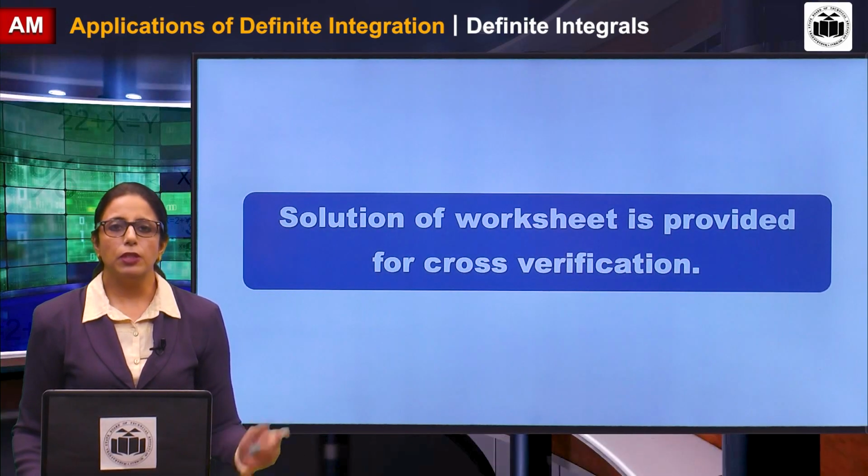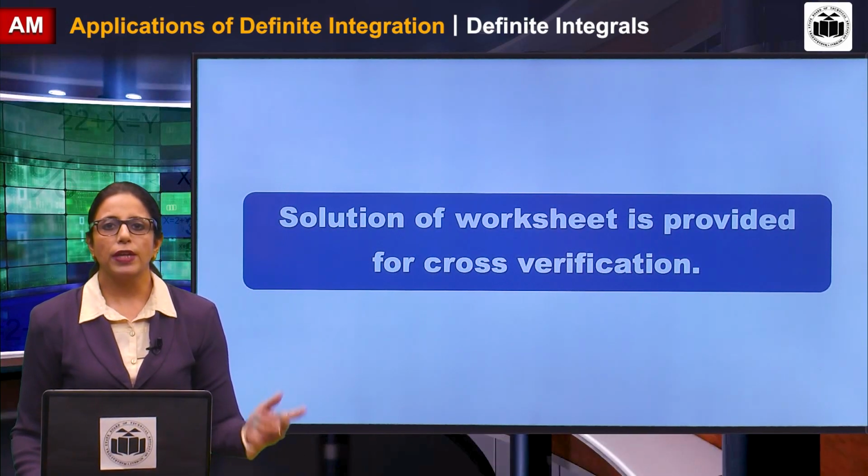Alright, I've given the solution of the worksheet also so that you all can cross-verify whatever you have solved.